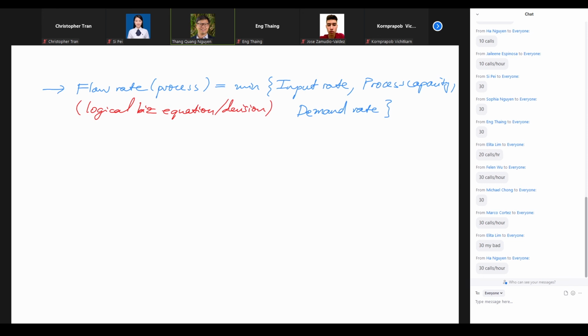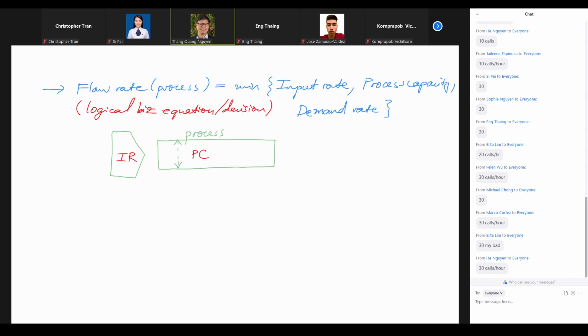Before we do the example, let me draw a picture to represent it. So we have a process like this. We know our capacity. Like how many cars a day, how many burgers an hour, that's our capacity. But then we have to know the input rate. And this one, normally we take it for granted. We think that we will have it, right?